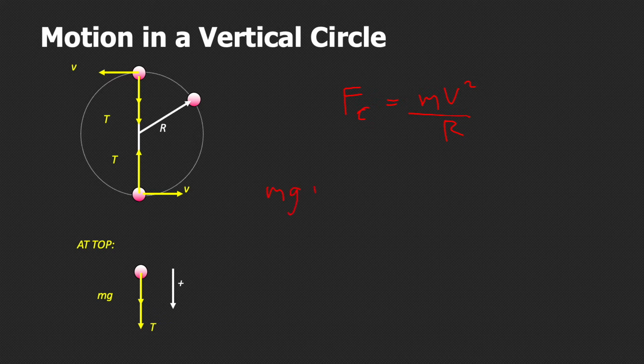So mg plus T is equal to mv squared over r. Now to get the tension T, we simply transpose mg to the other side. So that's mv squared over r minus mg.